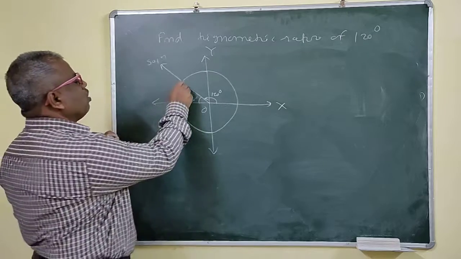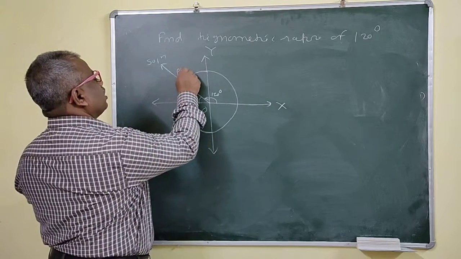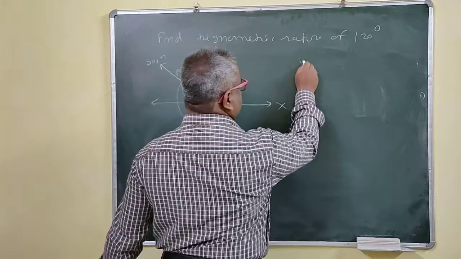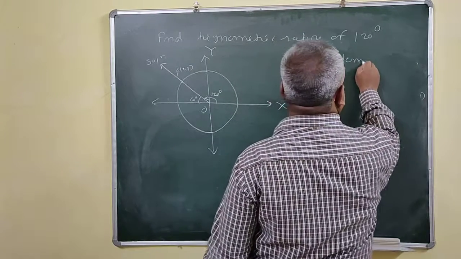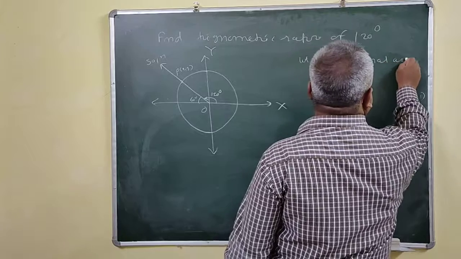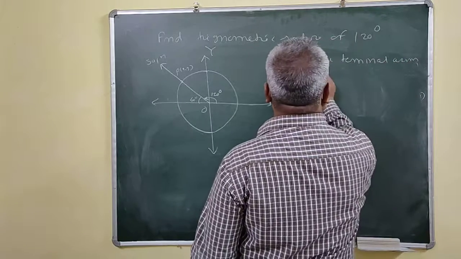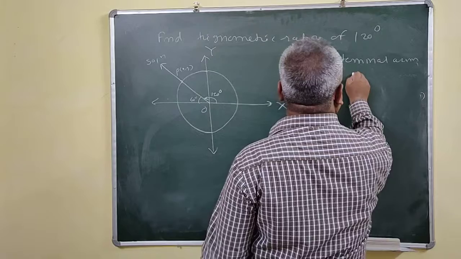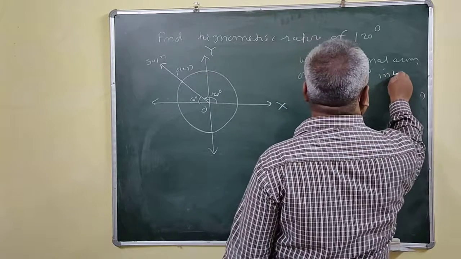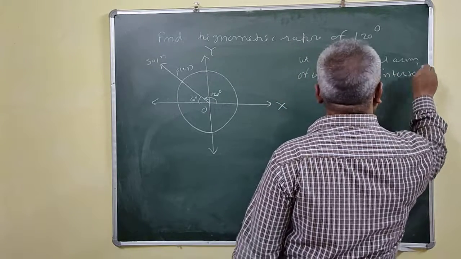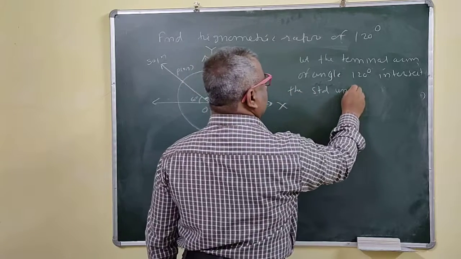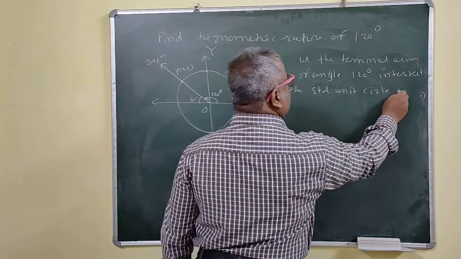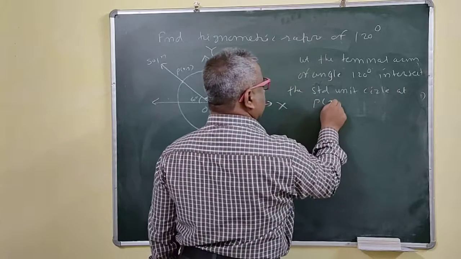Right? Okay. So we'll call this P(x, y). Let the terminal arm of angle 120 degree intersect the standard unit circle at P(x, y).